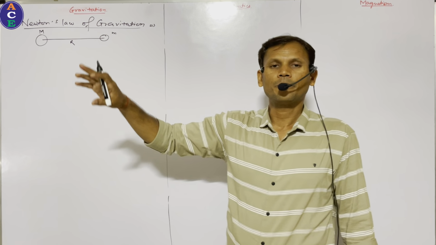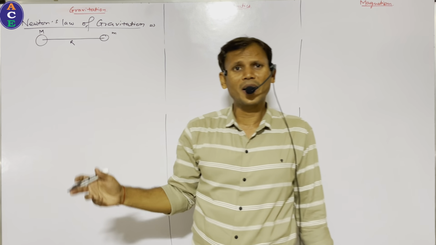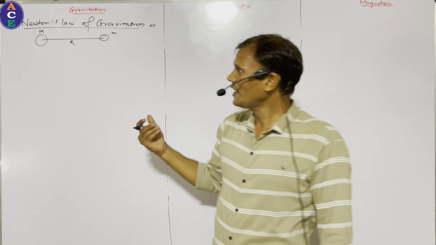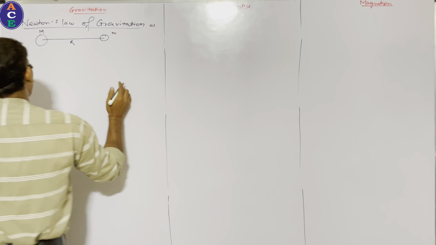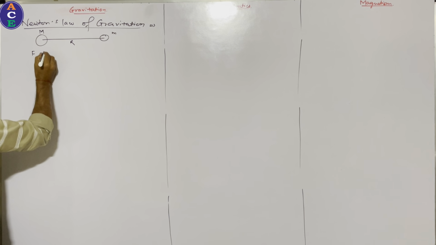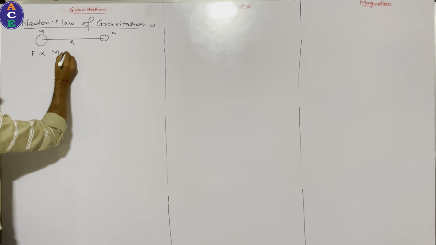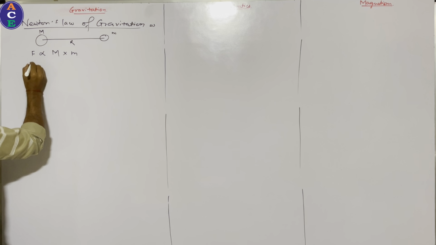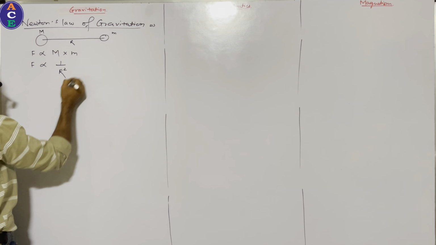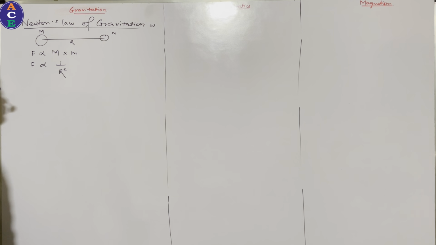So we know between two masses there is always a force of attraction. So here we can say the force of attraction between two masses is directly proportional to the product of their masses and inversely proportional to the square of the distance between these two masses.